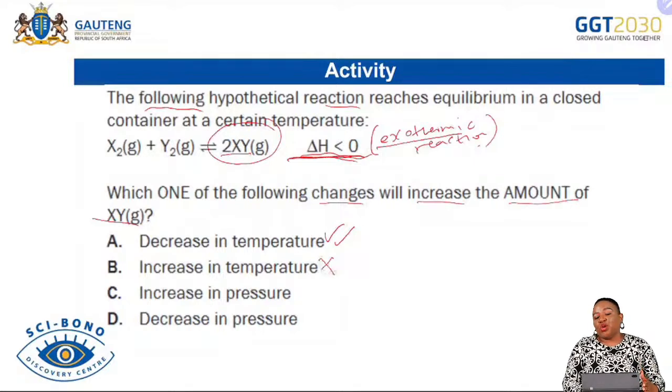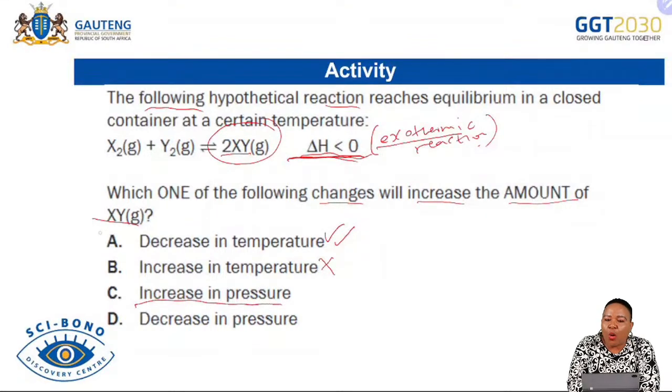It is very important to say reverse instead of reversible, because sometimes you might be confused with the two terms. Reversible means forward and backward, but reverse means only backward. And then an increase in pressure. Yes, we are dealing with gases. However, look at our reaction. Both sides have 2 moles each.